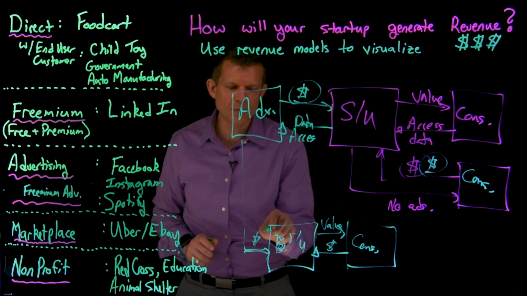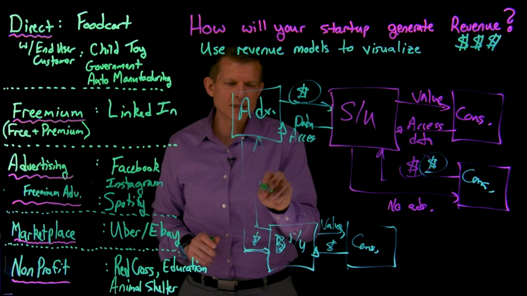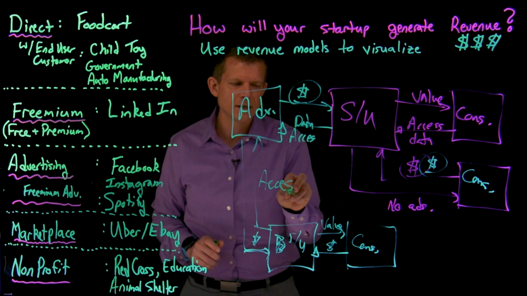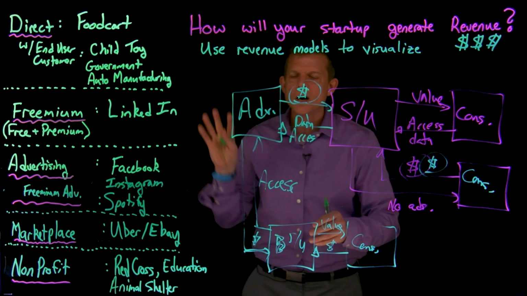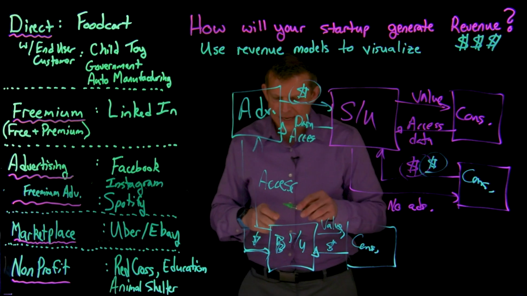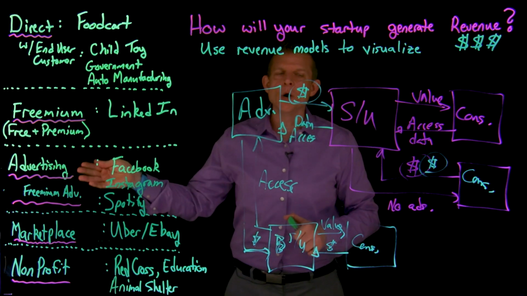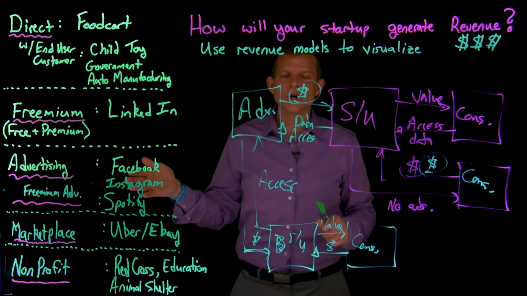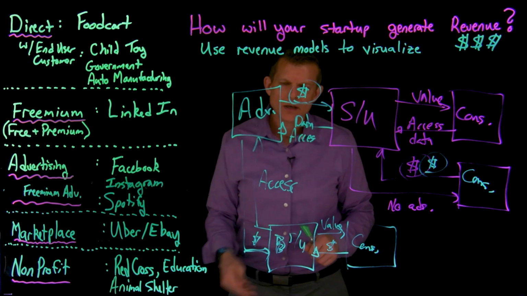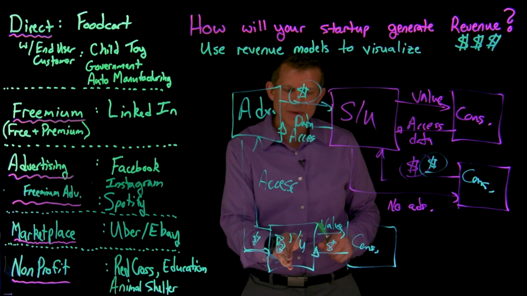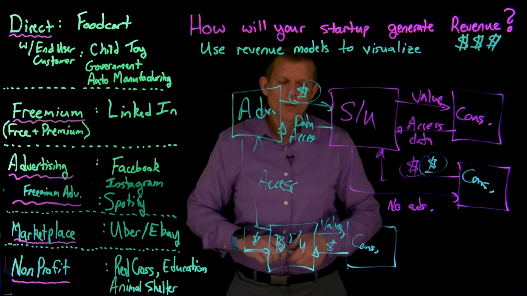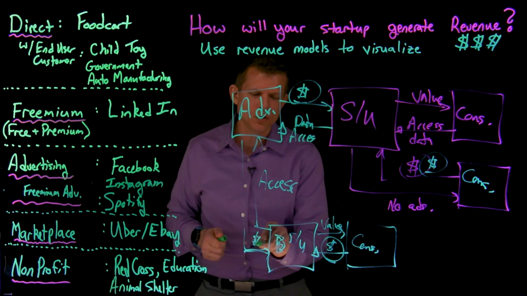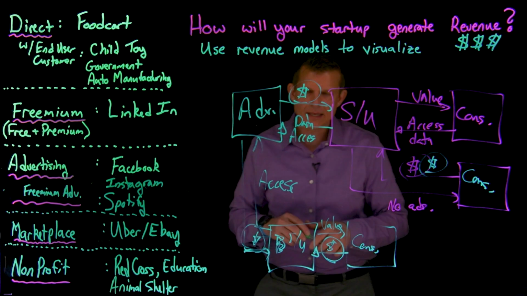because somebody's going to pay us to give them access to this consumer, because we're going to put a little advertising sign on our food cart that basically says, hey, local gym opening up, memberships are discounted, go check it out. So because of that advertising space on our direct model, on our food cart, we now actually have two revenue streams that we could use.